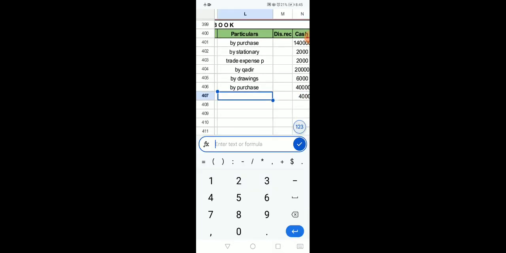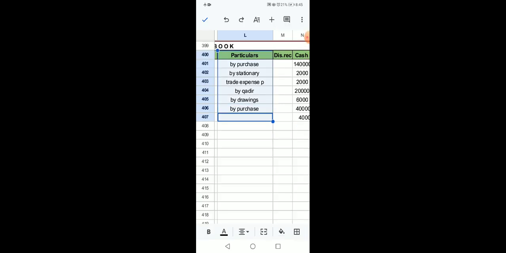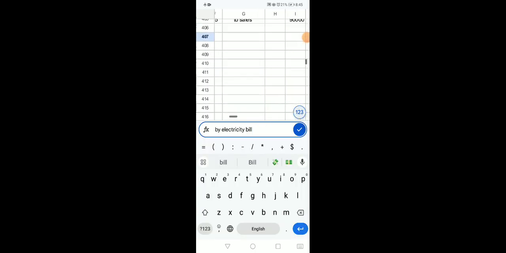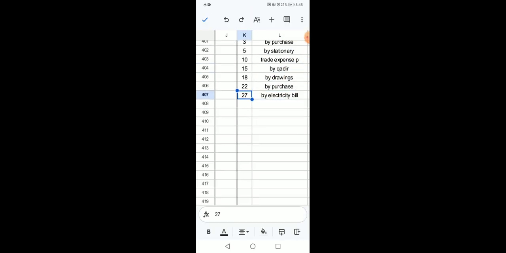Mention here by electricity bill. All right, now see its date, and date is 27. So you will mention 27 in date column. In 27th entry there was one element to be posted, that was cash, and now we have posted it.